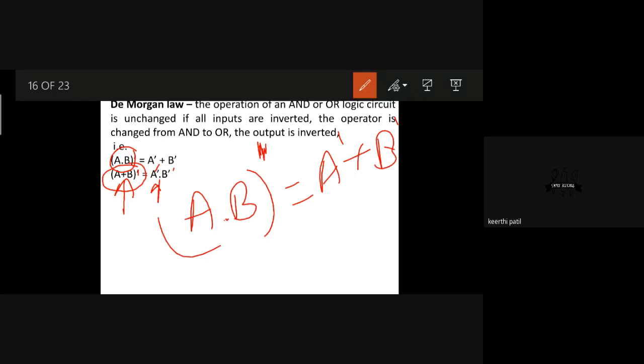Okay, this is your De Morgan's law. Is this understood? De Morgan's theorem? Okay, right.